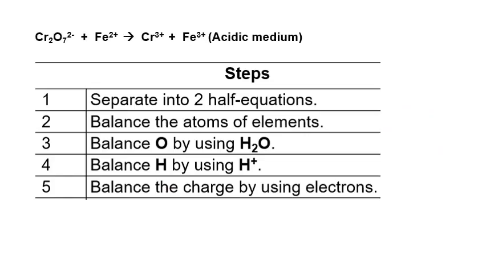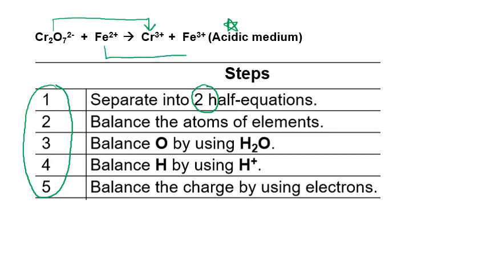Okay, we are learning how to balance this equation in acidic medium. So we will only focus on these first 5 steps. First, separate into two half equations. Cr2O7 2- will partner with Cr3+, while Fe2+ will partner with Fe3+. Second, balance the atoms of elements, except hydrogen and oxygen.